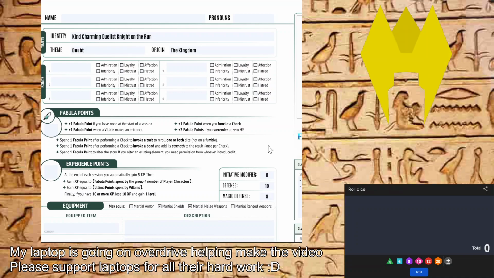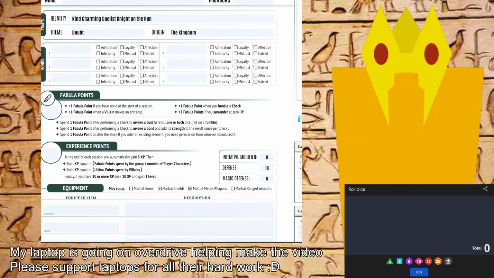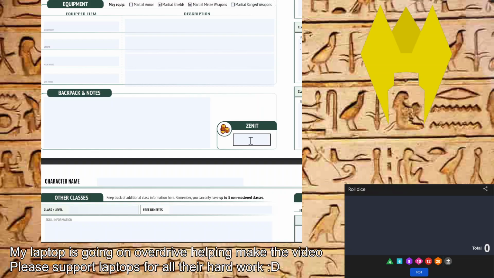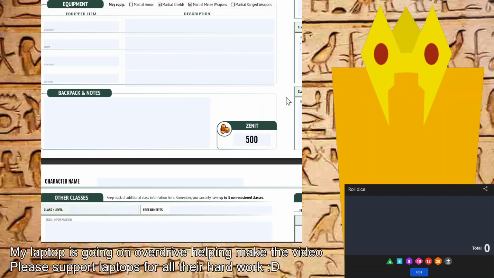There we go with that, and now we get to buy equipment. Now we start with 500 zenith. And now we get to buy equipment using this 500 zenith, right?